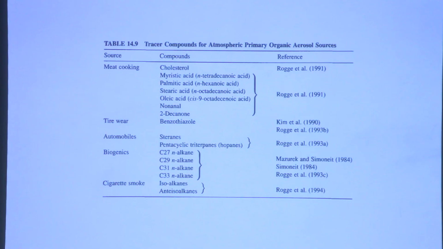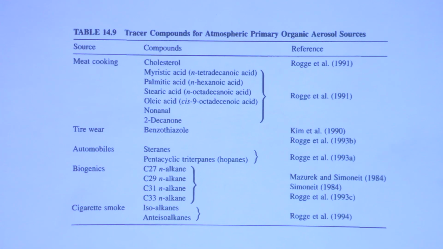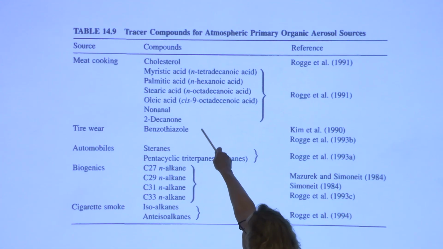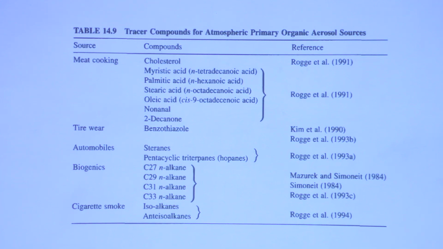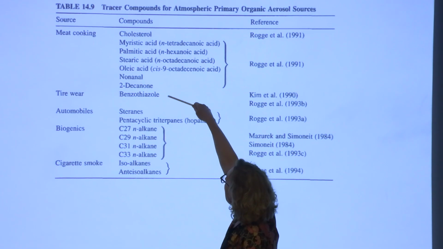This is what we talked about before. Where do these aerosols come from, right? I mentioned the tire wear, right? There's another group, actually, and I found this surprising as a student when I first heard about this: meat cooking. I didn't mention that. So meat cooking produces things like cholesterol and certain organic acids, right?